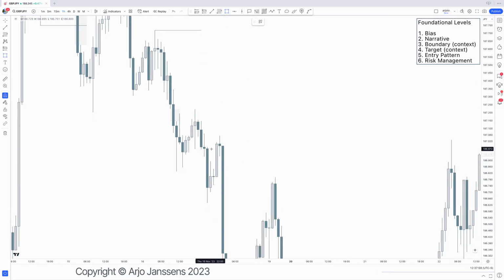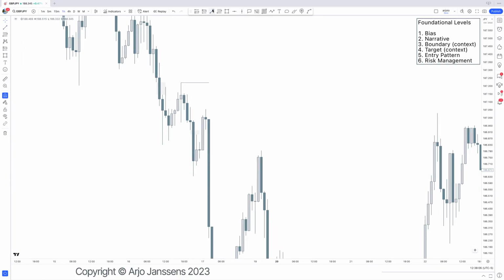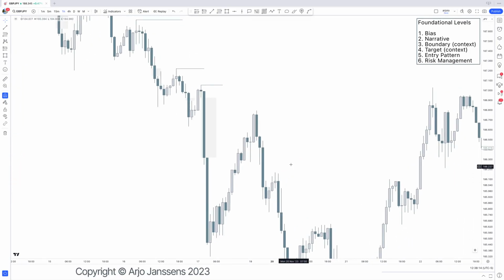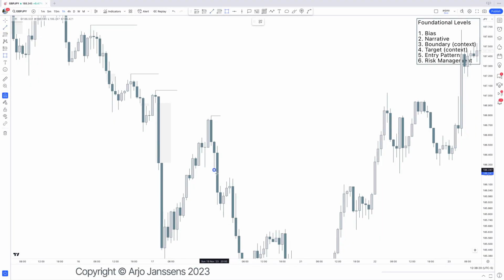That new order flow lag has this fair value gap right there. And that new order flow lag creates this new order flow lag, which has this fair value gap.